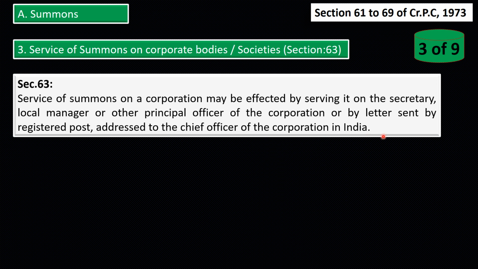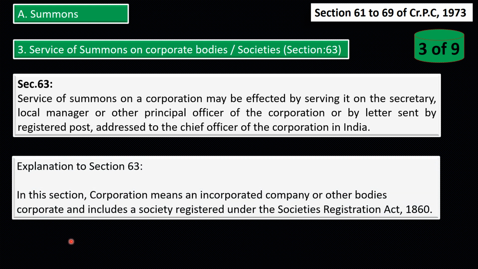The explanation to Section 63 says that in this section, corporation means an incorporated company or other body corporate, and includes a society registered under the Societies Registration Act 1860. So, corporation under this section includes a society.